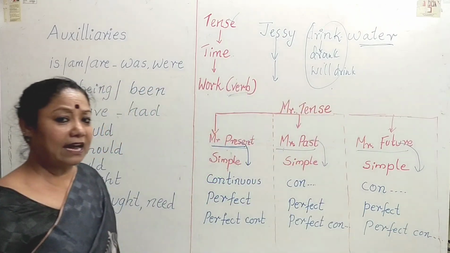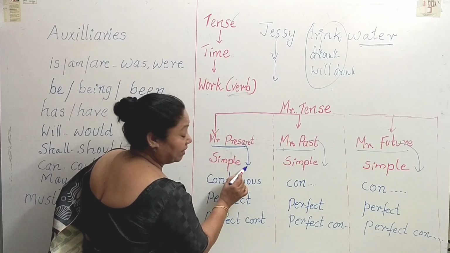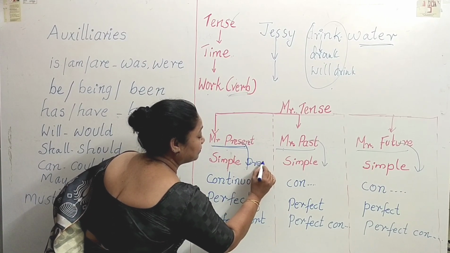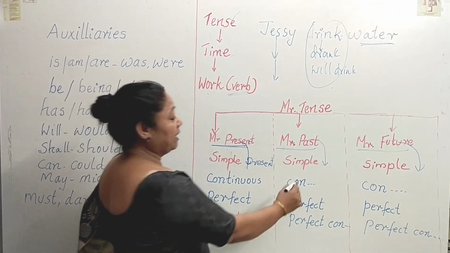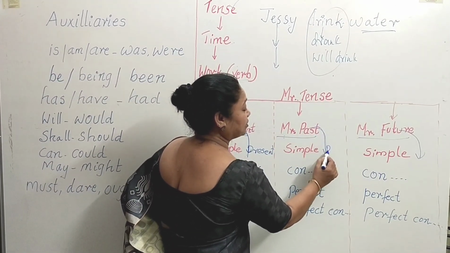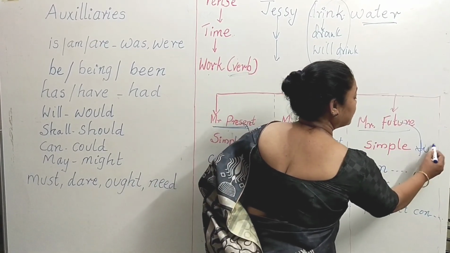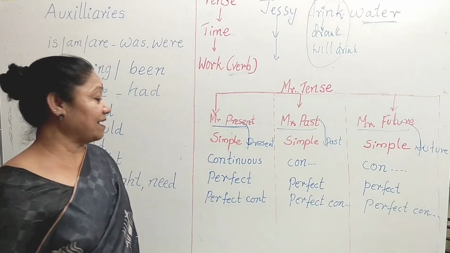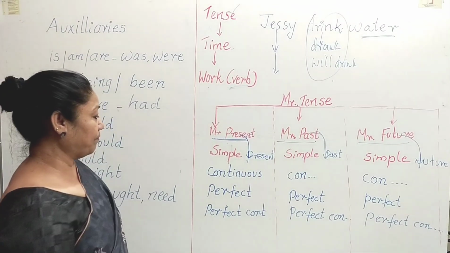So the first sons, that is Simple, have taken their father's name behind. There goes Simple Present. Hope you understood. Simple, father's name Past: Simple Past. And father's name Future: Simple Future. So the first sons are Simple Present, Simple Past and Simple Future.